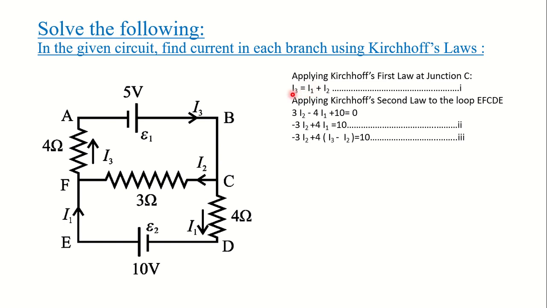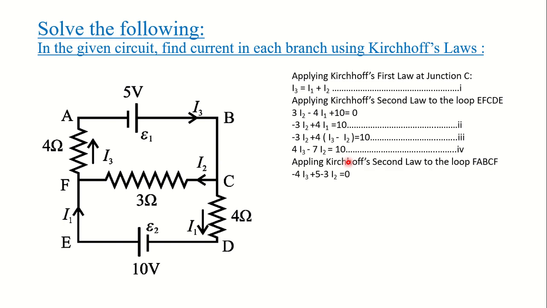I1 will be equal to I3 minus I2, isn't it? So we are substituting that here for I1. So you will get minus 3I2 plus 4 into I3 minus I2 is equal to 10. Now again solving the equation you will get 4I3 and minus 3I2 minus 4I2. So this term will be minus 7I2 equal to 10.